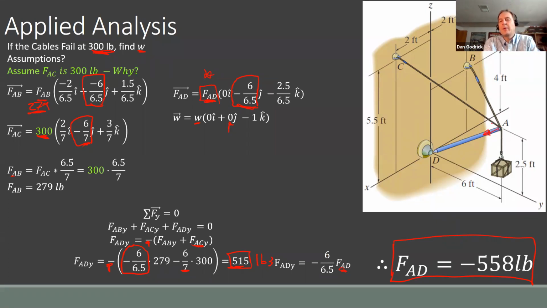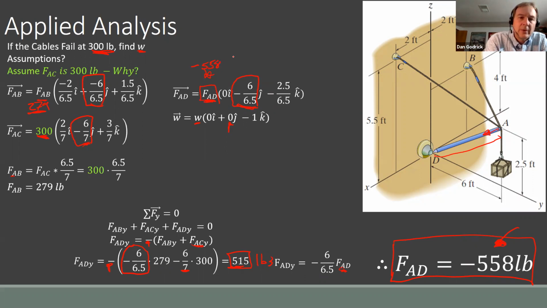We'll keep it drawn the way we had it just to stay consistent. If we're pulling down, we're compressing this member FAD. So our math corrected our initial assumption, which was tension, and that just says that tension's not right, it's actually compression. All right, so now we know FAD is minus 558.